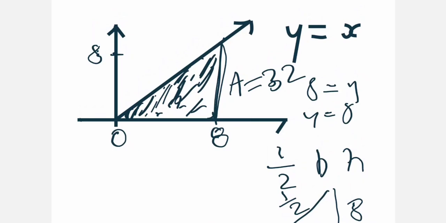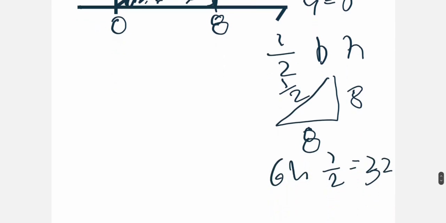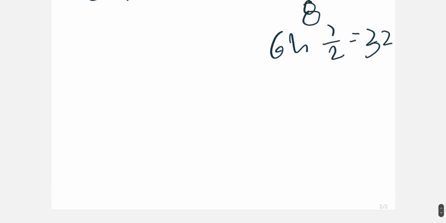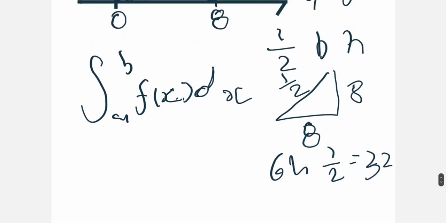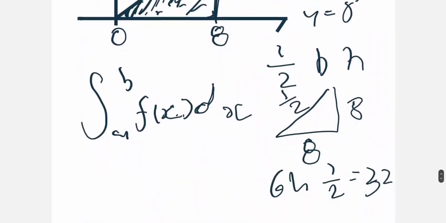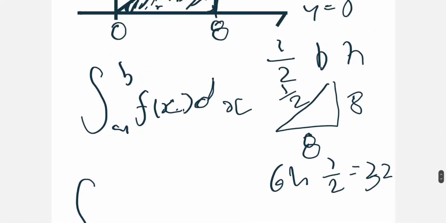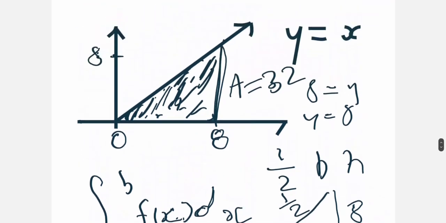Now we are going to do it with an integral. So, we come over here, and the formula is integral a to b f of x dx. So, now we plug in b, which is 8, and a, which is 0. So that becomes, and then f of x is y, and y equals x.